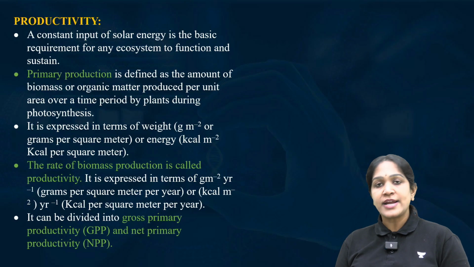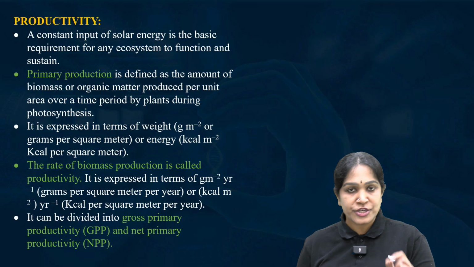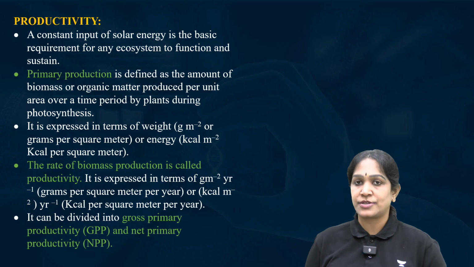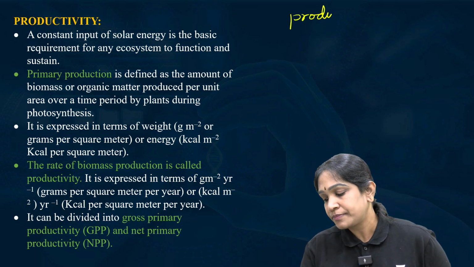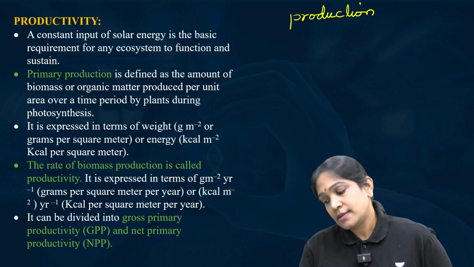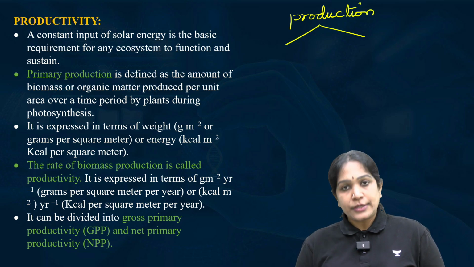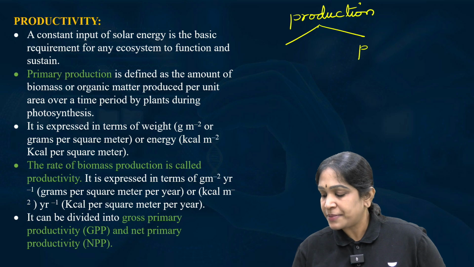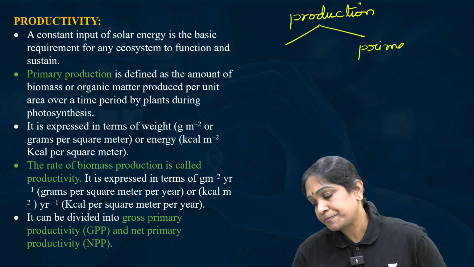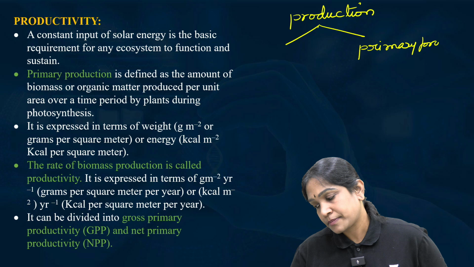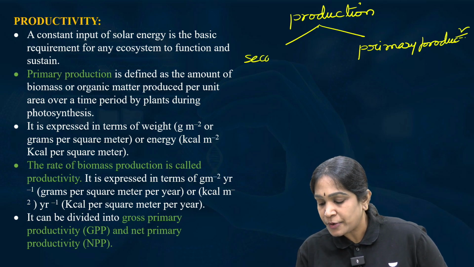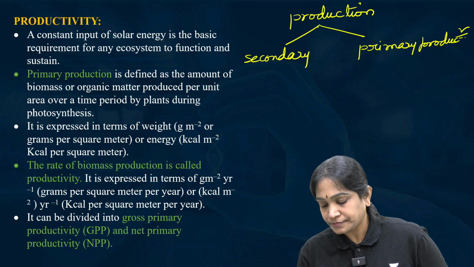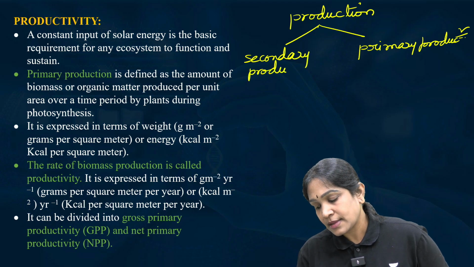Now, let us try to understand what is production, productivity, etc. The first term we are discussing is production. Production can be two types. The first one is primary production and the second one is secondary production.